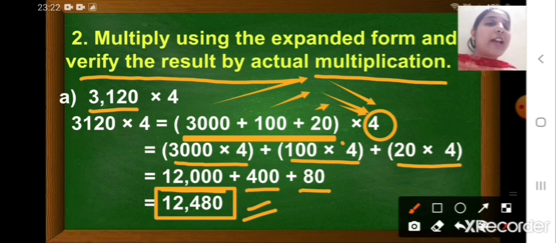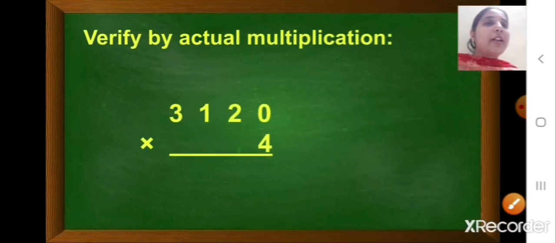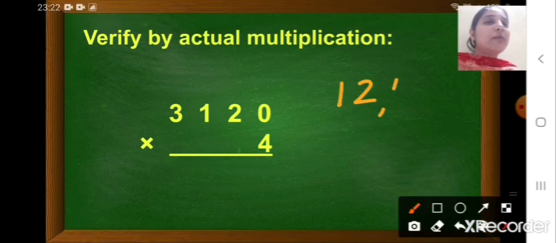We have to verify this answer. So what answer have we got here in expanded form? It's 12,480. So let's see, when we verify it by actual multiplication, do we again get 12,480 or not.